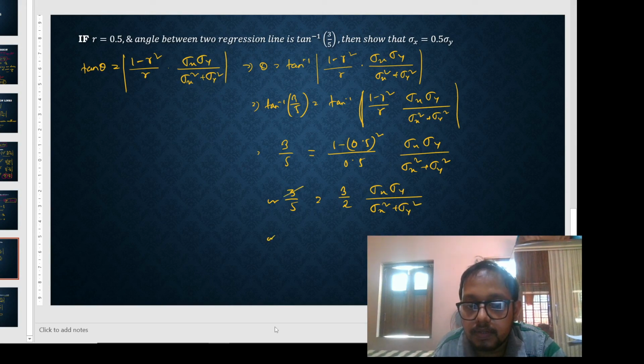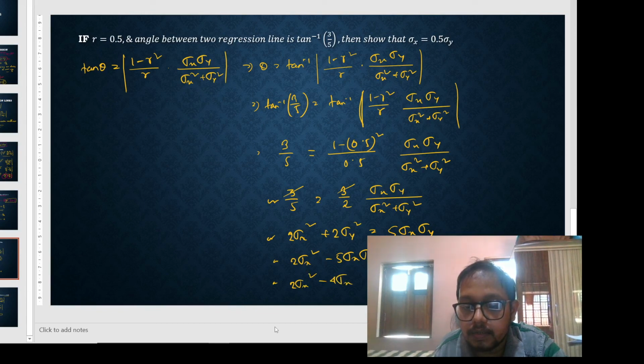So now this 3 and this 3 will be cancelled out, and from here we can write 2 sigma x square plus 2 sigma y square is equal to 5 sigma x sigma y. Or from here also we can write this one, and now from here we can write this one.